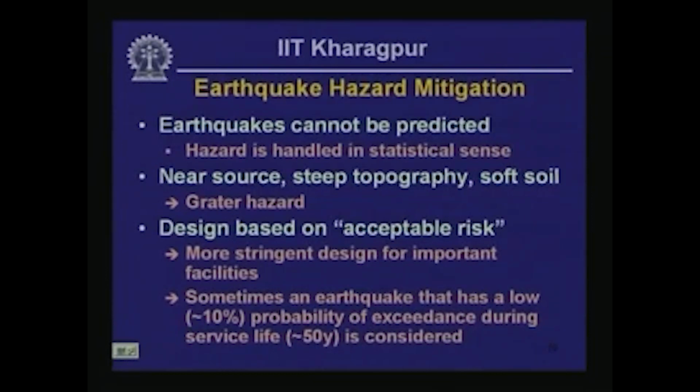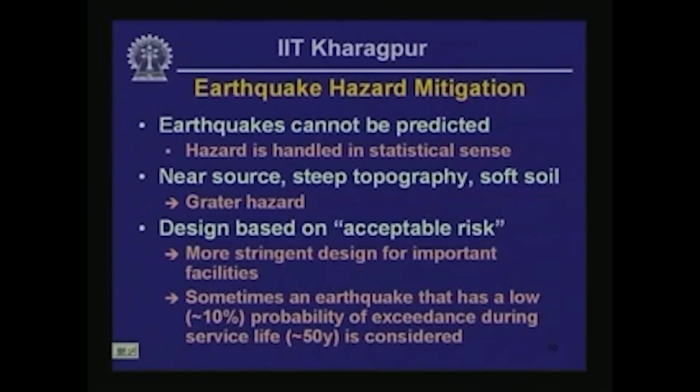What I mean by that is that you look at the historic seismicity of a particular site, you look at the proximity of the given site from different active sources, and from that you can, in a statistical sense, say whether a particular site is relatively more hazardous in comparison with another site.